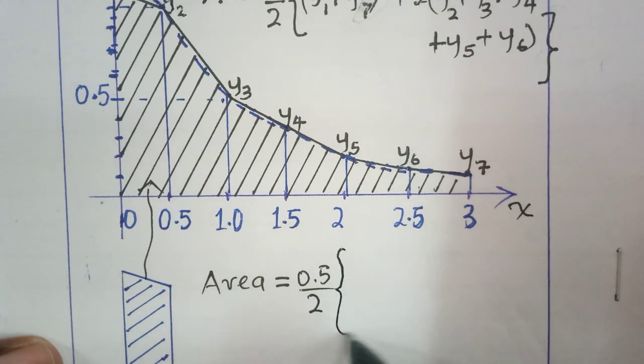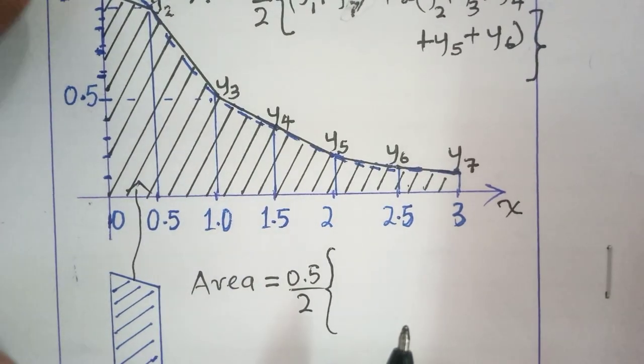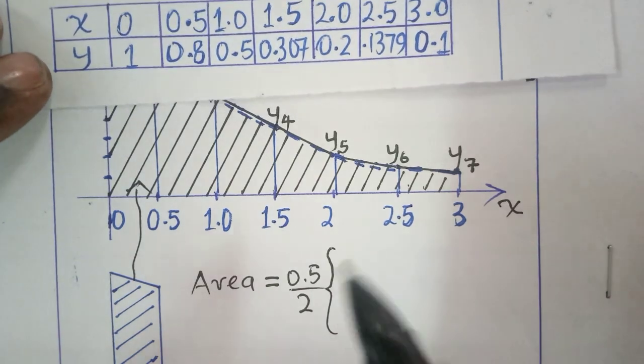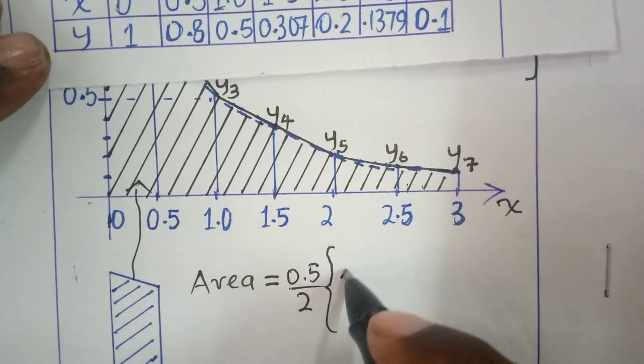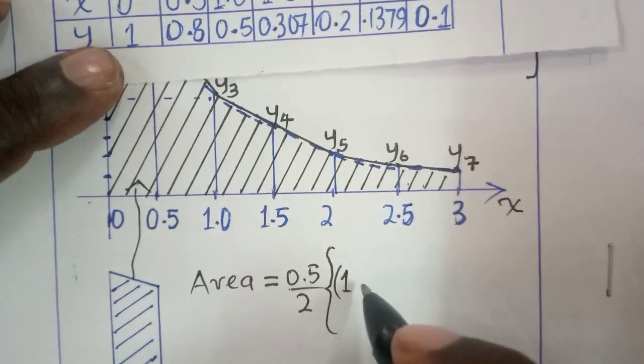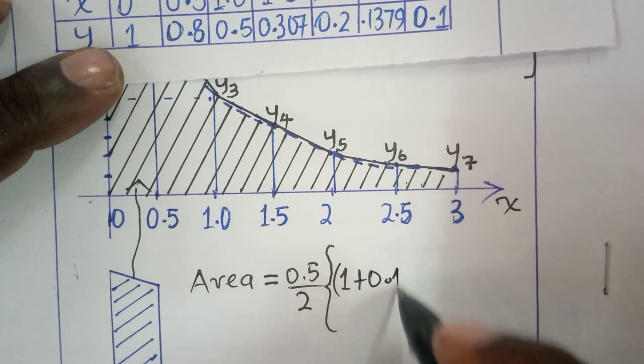Then you put a bracket there. The y1 is 1, and the last one is 0.1.